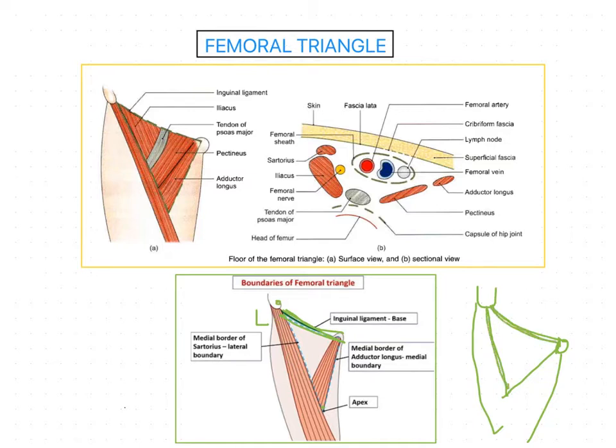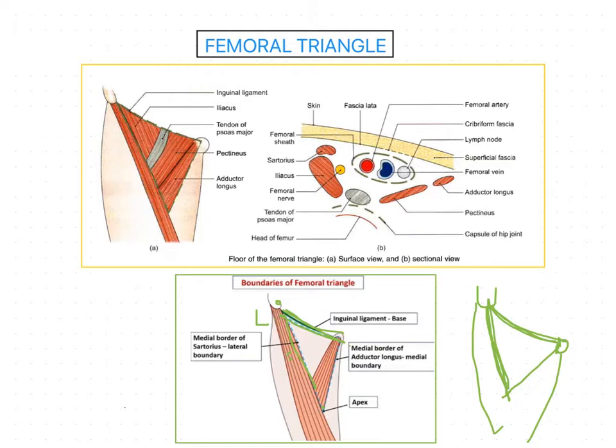Now we will see the lateral border. The lateral border is formed by the sartorius muscle. Which border of the sartorius muscle is related to the lateral boundary? The medial border of the sartorius muscle forms the lateral boundary, and the medial boundary is formed by the adductor longus muscle.